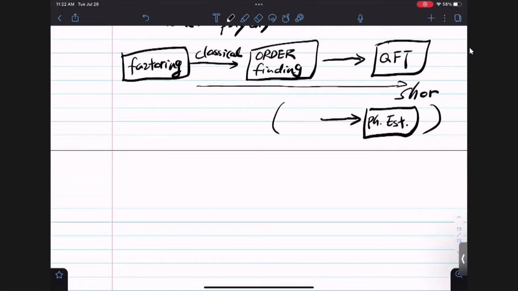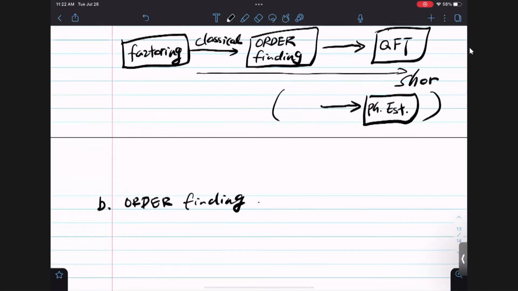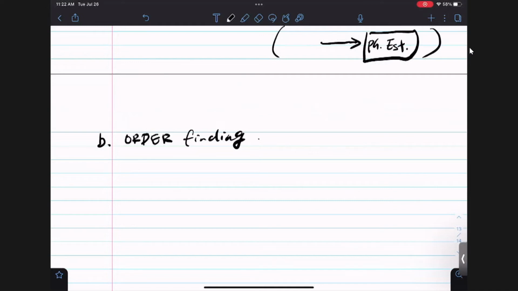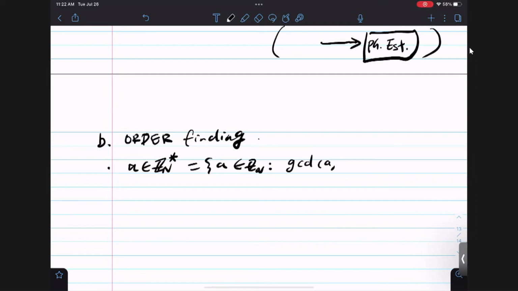So let me introduce what this intermediate problem is, order finding. Consider a number A which is coprime with n. We denote this set Z_n star. These are all the numbers coprime to n, meaning the greatest common divisor with n is 1.